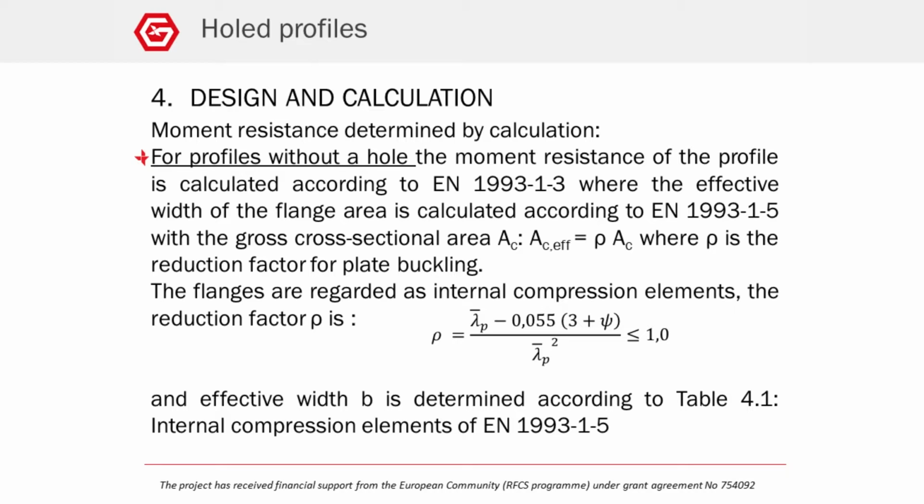Aeff is equal to ρ multiplied by Ac, where ρ is the reduction factor for plate buckling, and in this case, ρ is the reduction factor for flanges regarded as internal compression elements. Therefore, in this case, the effective width B was determined according to Table 4.1 of Eurocode 3 part 1-5, given for internal compression elements.